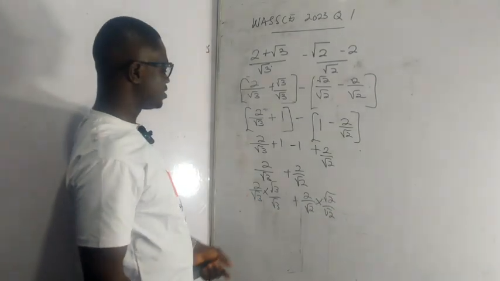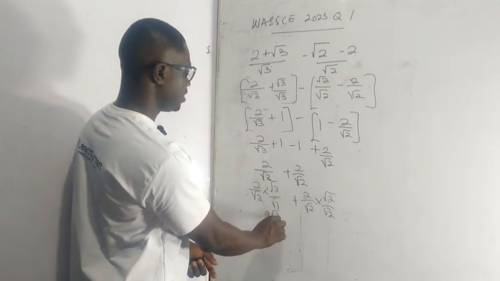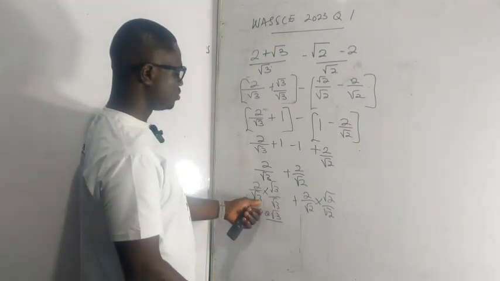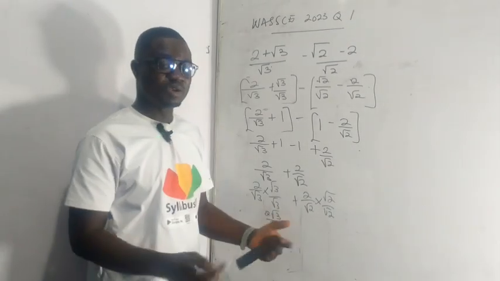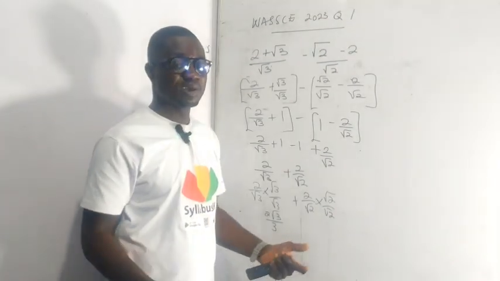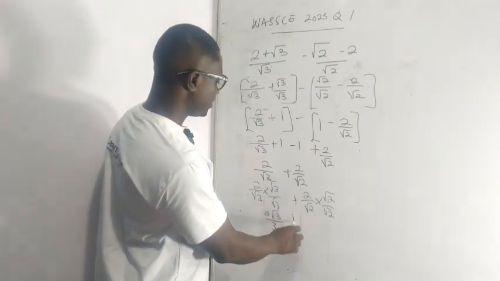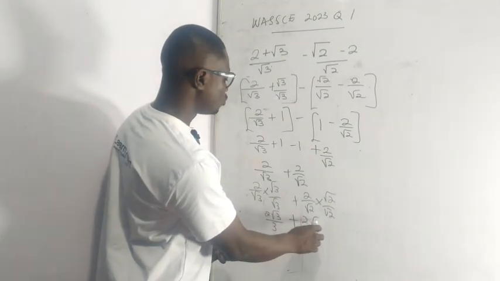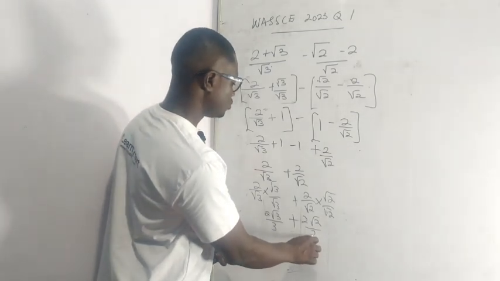Now simplifying this, we have 2 times root 3 will give you 2 root 3, and then root 3 times root 3 will give you 3. Remember, when the two roots are multiplying, they give you the square root squared, and then that gives you the value. So that is it. Then from here, 2 root 2 over 2.